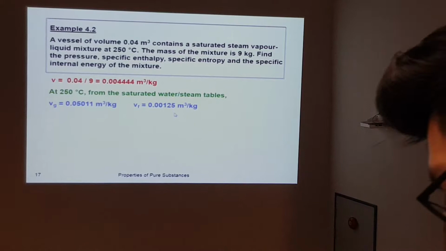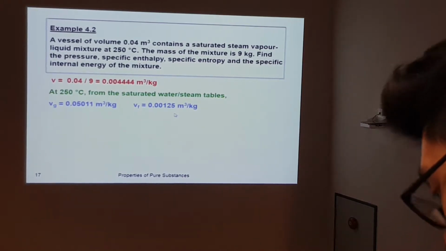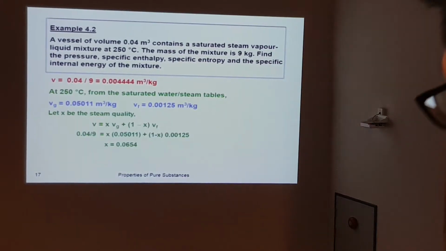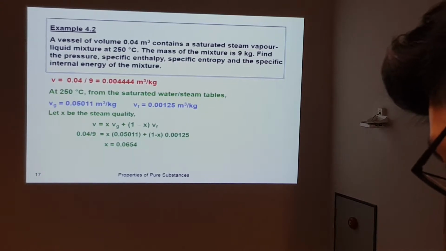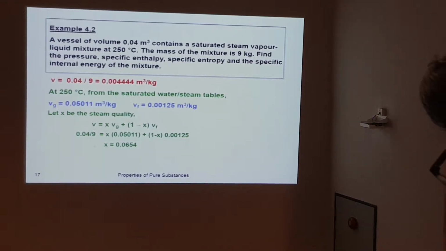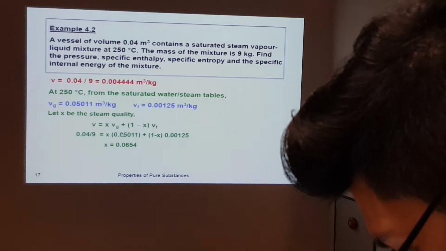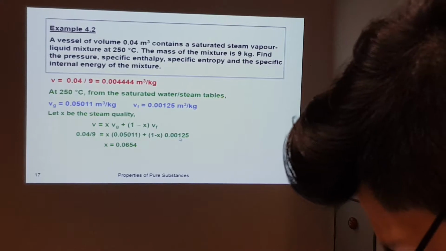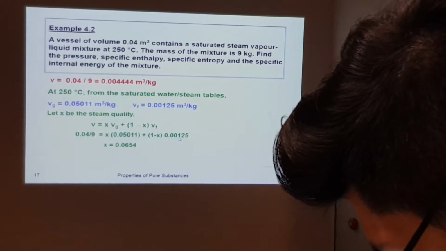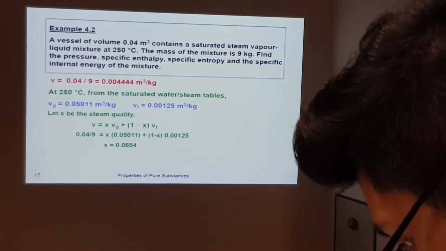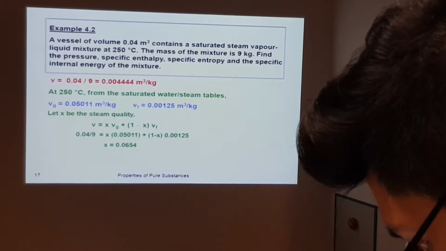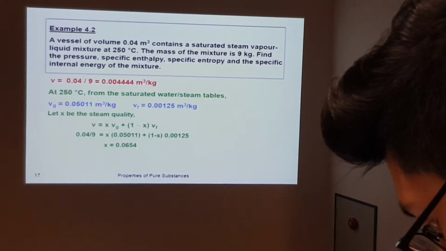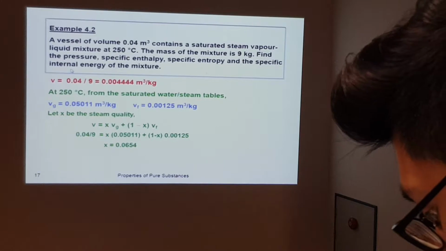Then you calculate the steam quality. You must calculate the steam quality first. To calculate the steam quality, this is the specific volume, this is vapor, this is liquid. Only after you find this can you calculate other things like enthalpy, entropy, internal energy.